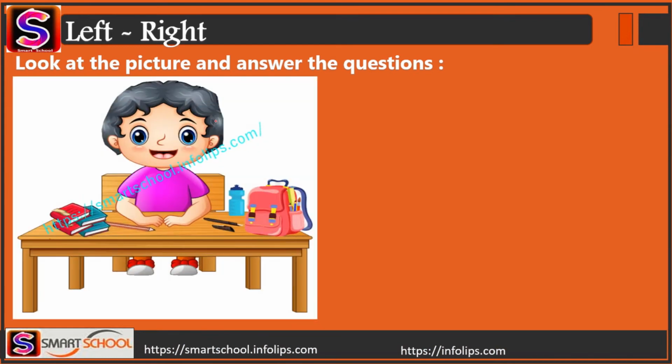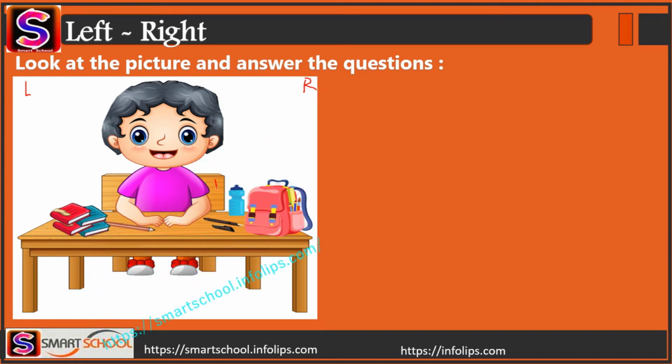Okay, look at the picture and answer the questions, so you will understand again, but this time you have to identify that the boy is in front of you. So the questions are regarding the boy's sides, not your side. It means that is exactly opposite to your side. This is your left side and this is your right side. It must be opposite of this boy.